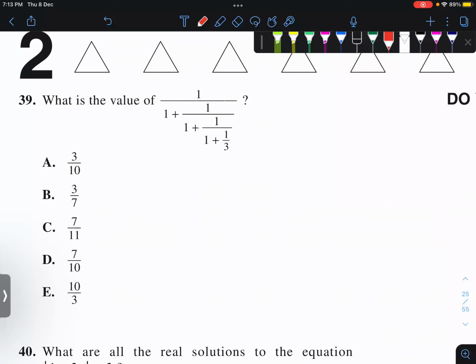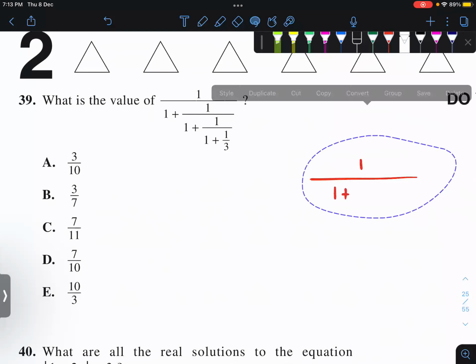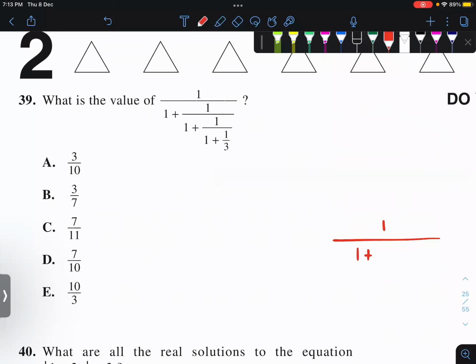Number 39. What is the value of 1 over this all? Okay, you can do it in the calculator, or we can leave the 1 here and 1 plus. Forget this now and go here to the question. 1 plus 1/3, it's what? 4 over 3, right?